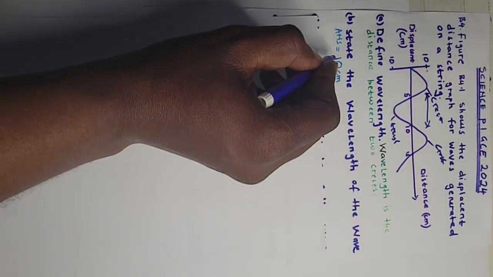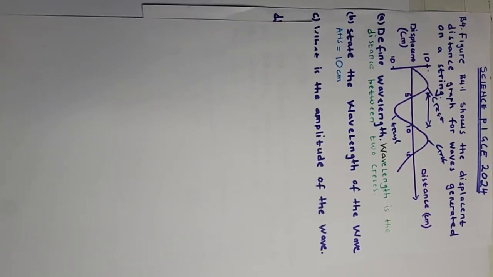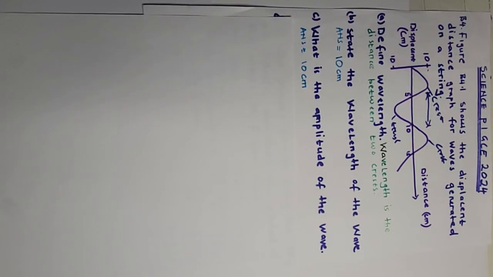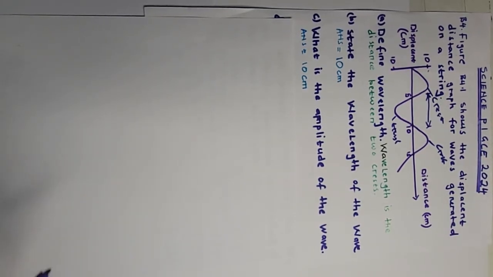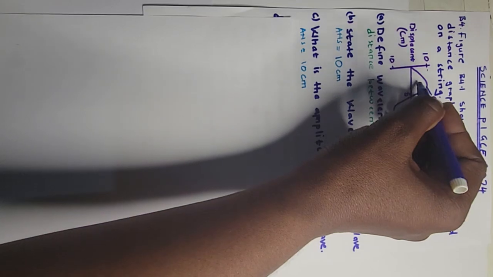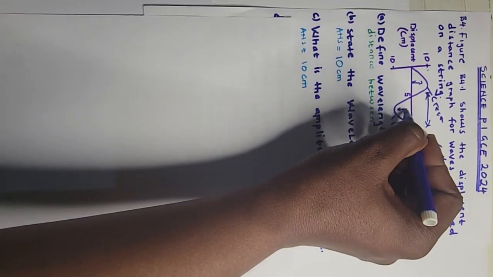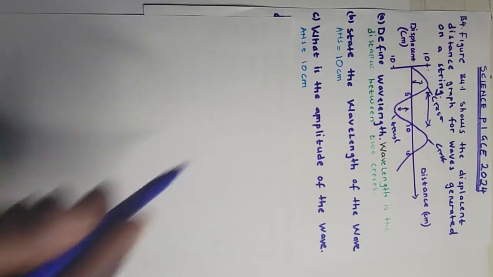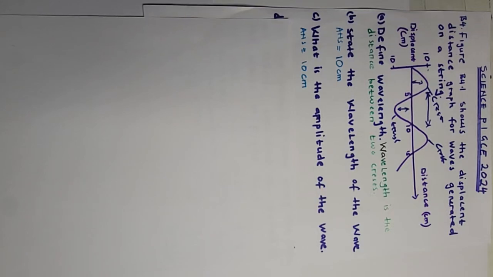So we're going to say 10 centimeters is our wavelength. Okay, what is the amplitude of the wave? The amplitude of the wave is just like the height of the wave. This height is the amplitude. So this height is also 10 centimeters.